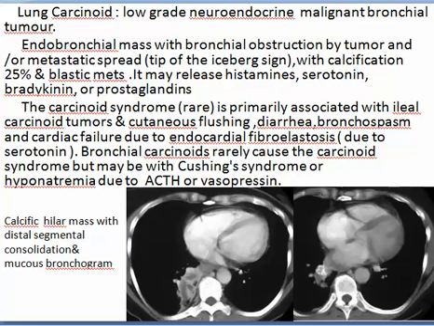Functioning in the lung, it may be associated with Cushing or hyponatremia. If it is ileal, it may be associated with carcinoid syndrome, composed of flushing, bronchospasm, and endocardial fibroelastosis and heart failure.